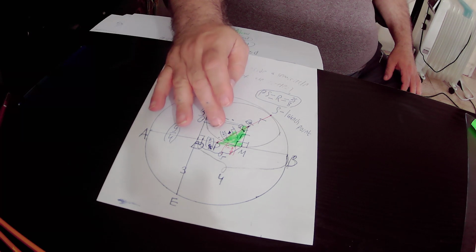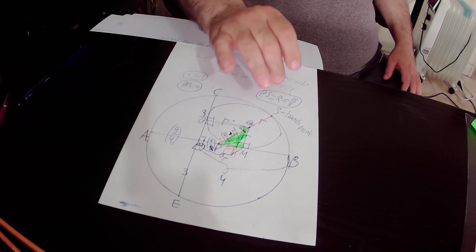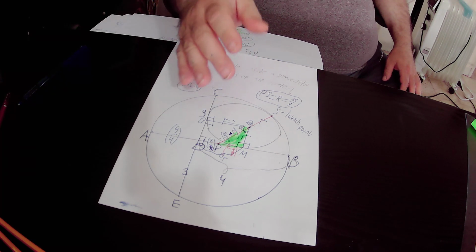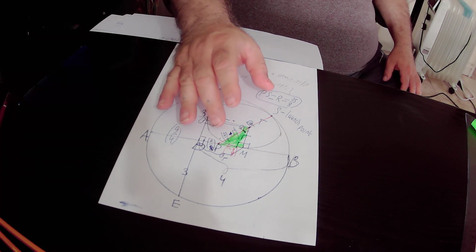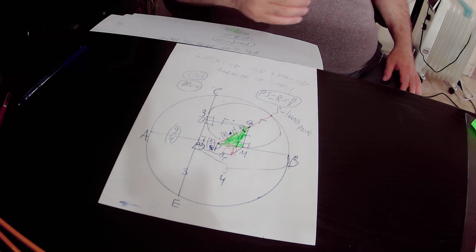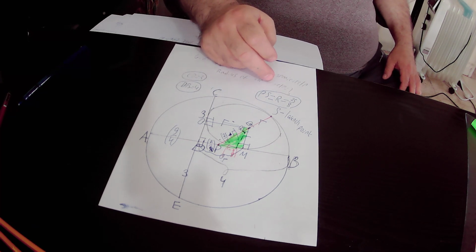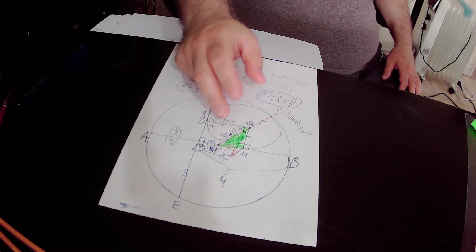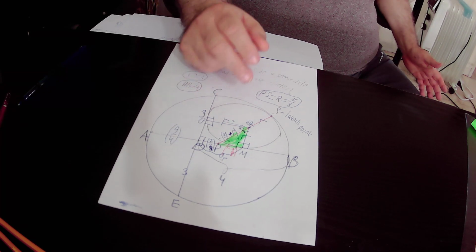P is the center of the big circle. S is a point on the big circle itself. This is exactly the definition of a radius. That is to say PS equals capital R, the radius of the big circle. But we have already found out that capital R equals 25 over 8. That is to say PS equals 25 over 8.